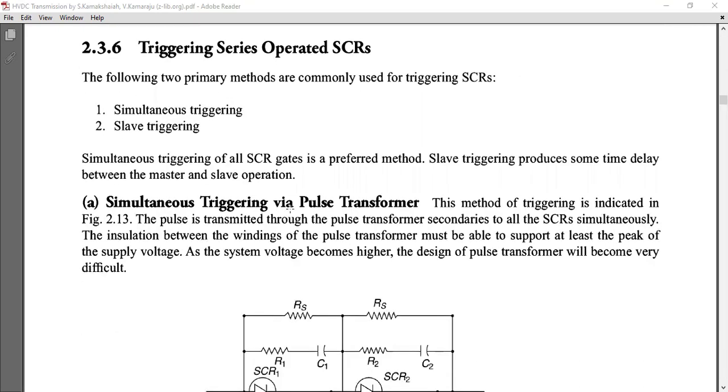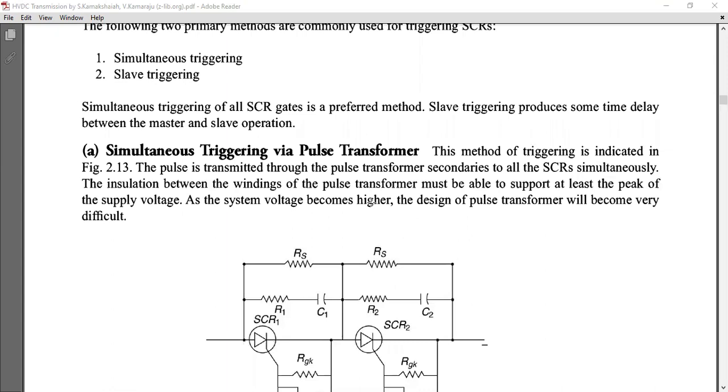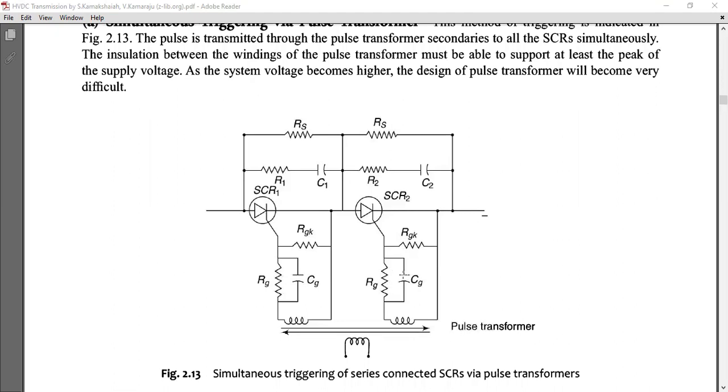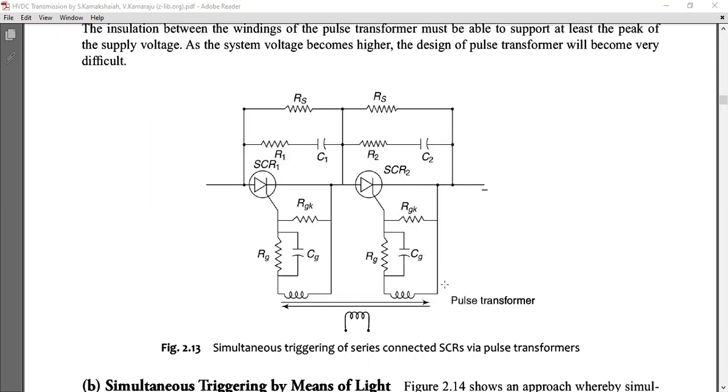Okay, next, triggering series operated SCRs. This will be of two types, simultaneous and slave triggering. In the simultaneous one, there is simultaneous triggering of series connected SCRs using pulse transformers.